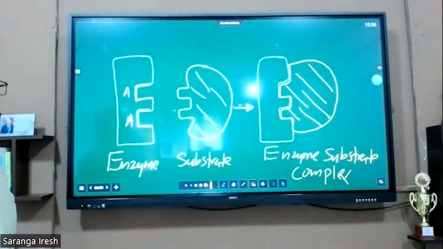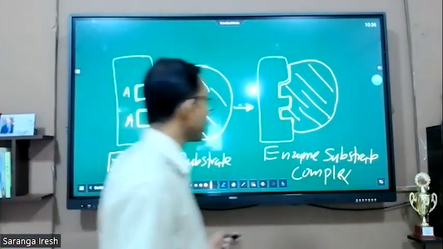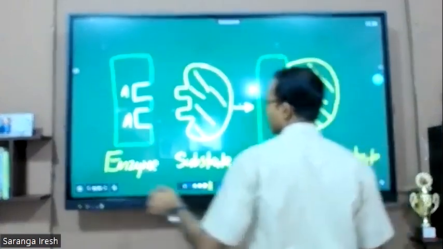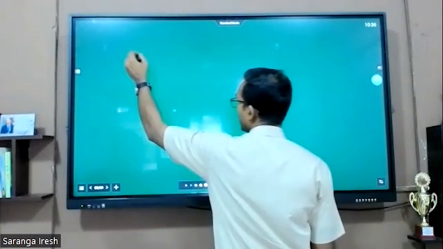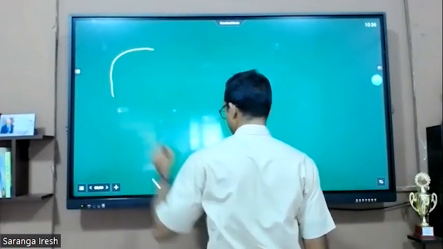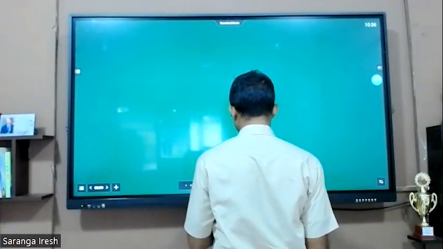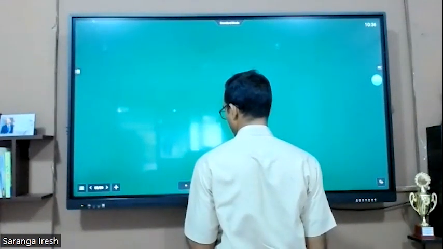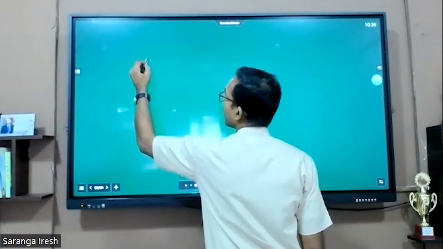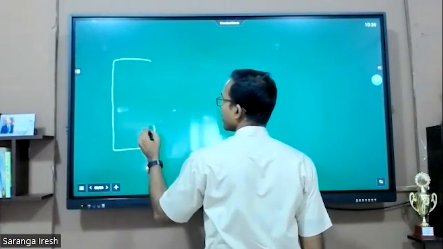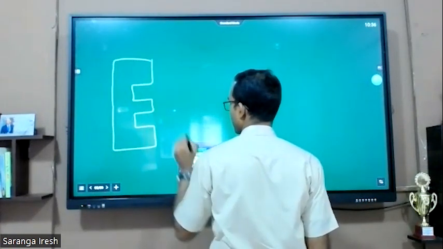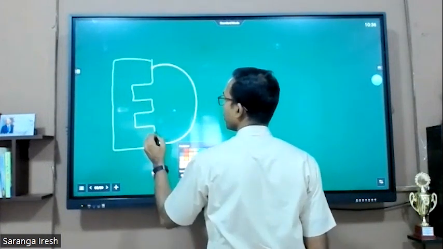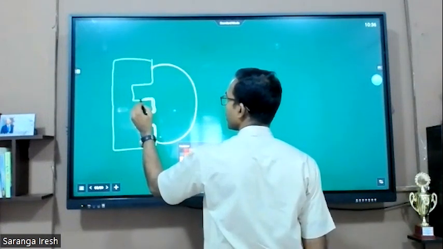And what happens after making the enzyme substrate complex? Now this is the enzyme molecule with the substrate in the enzyme substrate complex.